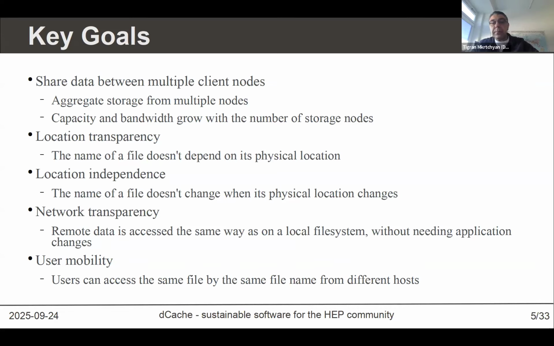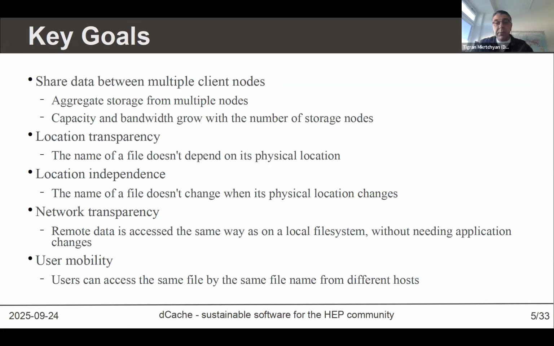And in many cases, we provide network transparency, so remote files are accessed like local files. In addition, we provide user mobility, so users can access the same data the same way from different machines, and they don't need to change how they access it if they sit on a different machine.